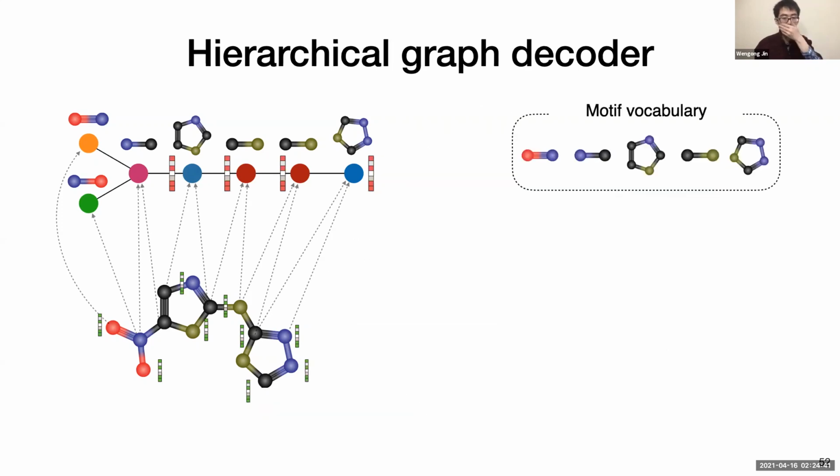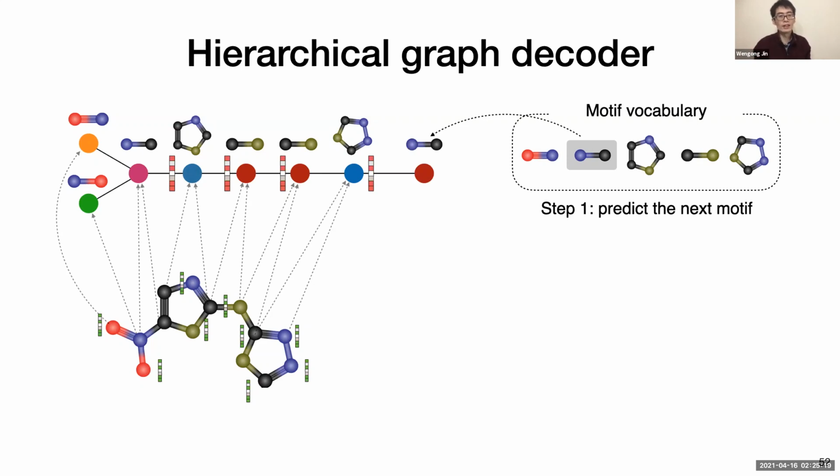Based on this encoded representation, I can now generate a graph in the following way. It is also a sequential model. In each step, the model decides which motif to add next to the current molecule that we are expanding. This is simply a classification task.